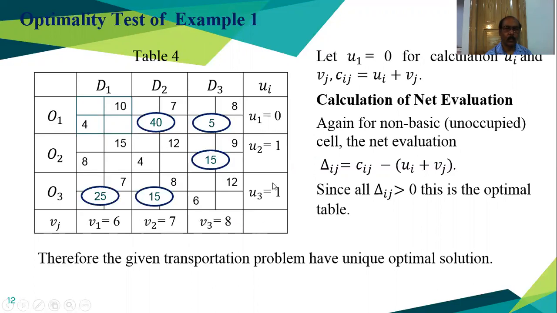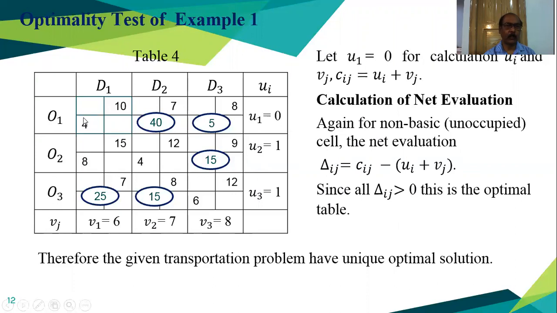So all Ui and Vj we got with reference to the occupied cells. Now you have to calculate the delta ij by using the formula Cij minus (Ui plus Vj). Since we got U1, U2, U3 and V1, V2, V3, with the help of these, calculate the delta ij.